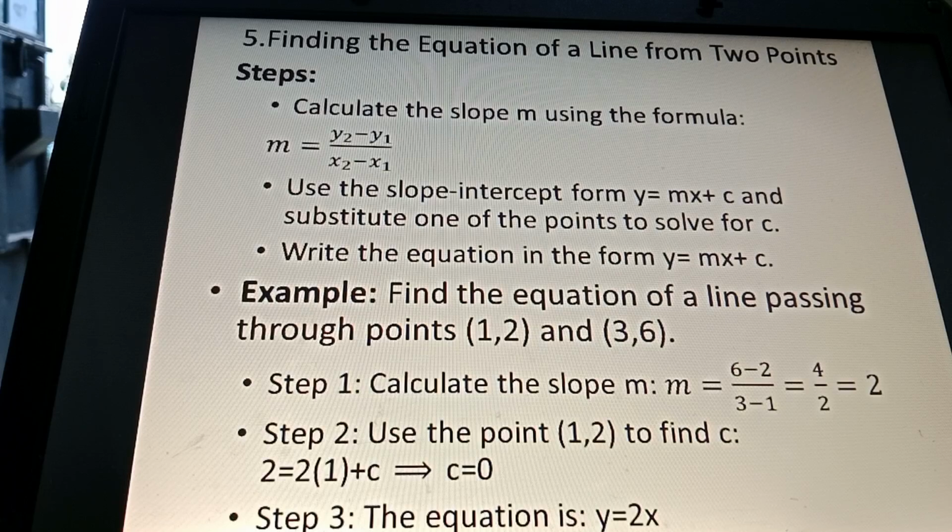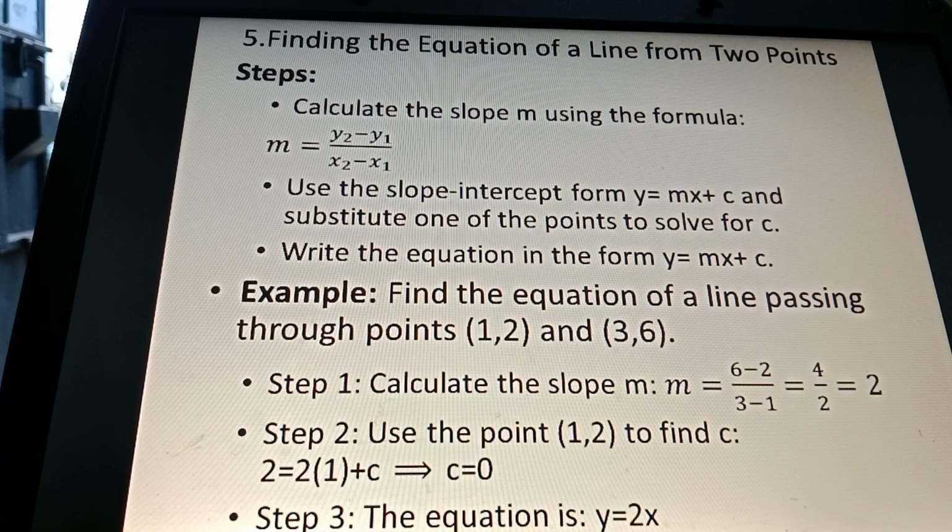Example, find the equation of a line passing through points (1, 2) and (3, 6). Step 1. Calculate the slope or gradient m, and this will be given by m equals (6 minus 2) over (3 minus 1). So 6 minus 2 represents y2 minus y1, and 3 minus 1 represents x2 minus x1, which is equal to 4 over 2, which gives you 2.